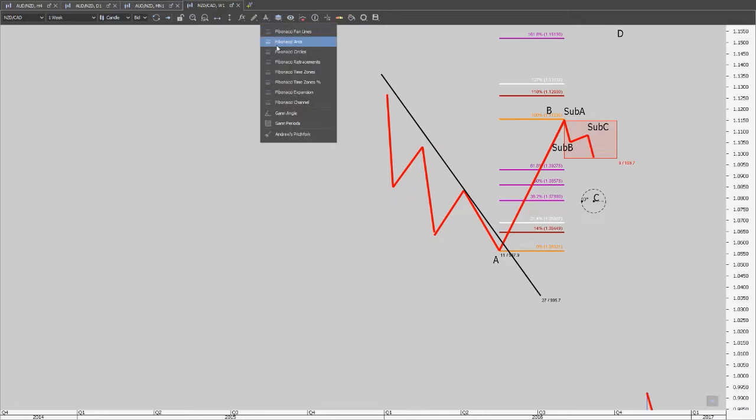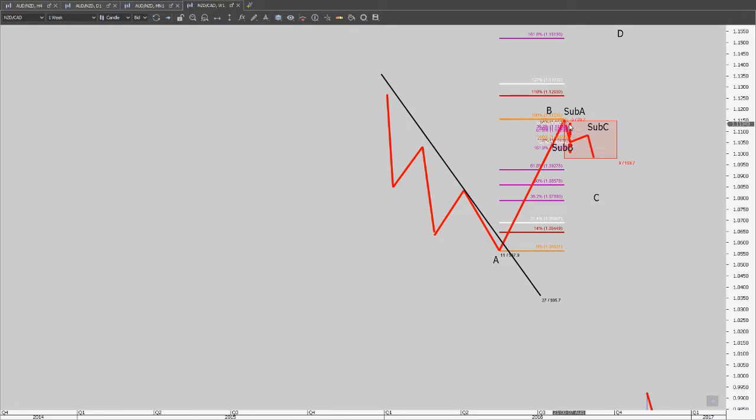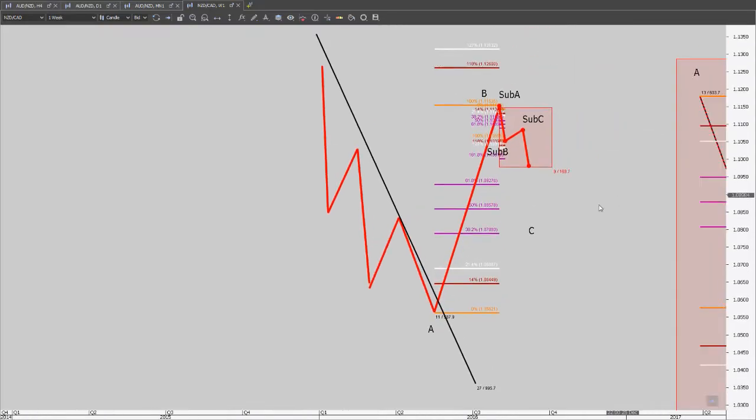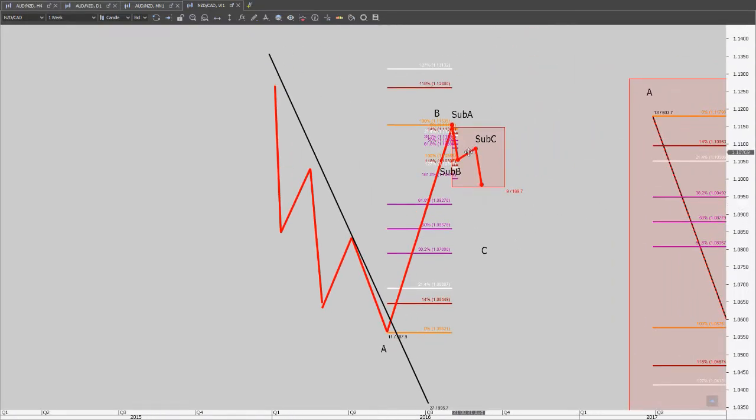And of course we need to draw the contrarian Fibonacci on the chart. Okay, let's make it a little bit wider. So just for this example, sub A, sub B, sub C. Sub A is the starting point of the retracement, the starting point of the short-term downtrend.